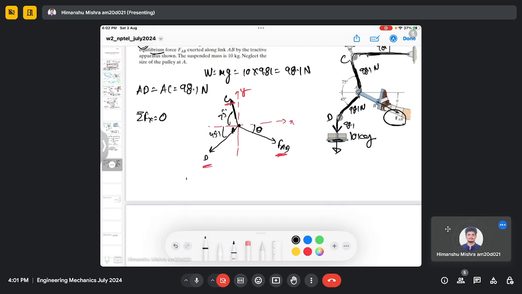So I can write FAB sine theta. Now these two forces, AD and AC, are in the negative x direction, right? So it will be minus FAD sine 45. Sorry, this should be cos because it's an x component.